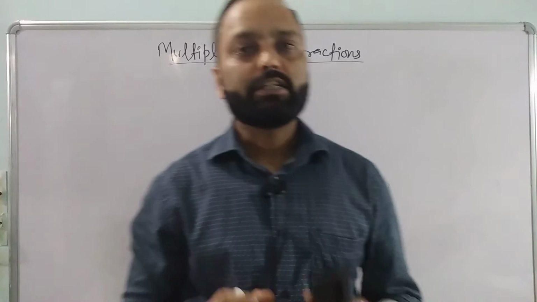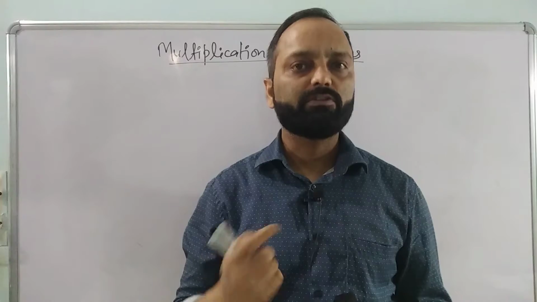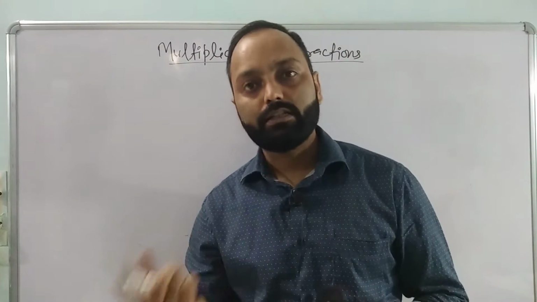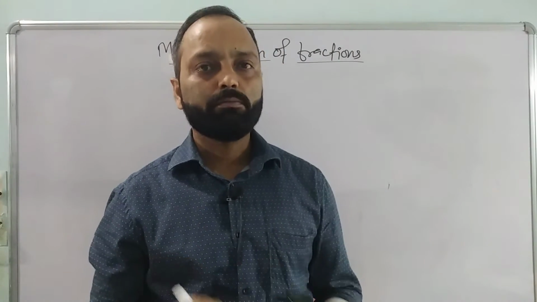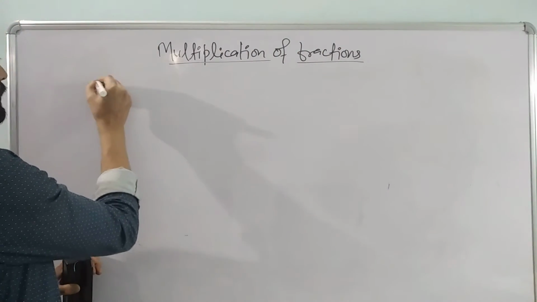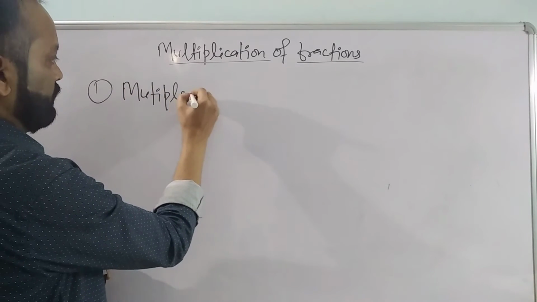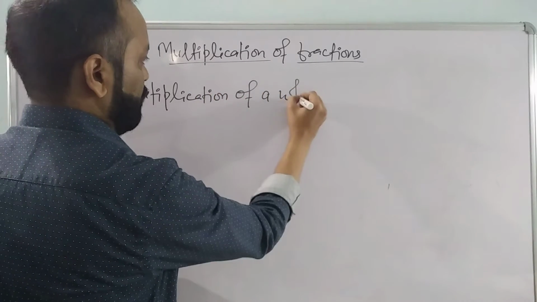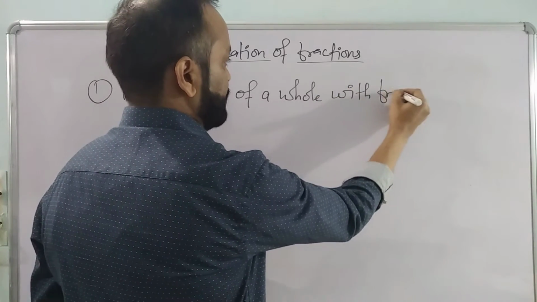Now we will understand the multiplication of fractions, so that will be with a whole number or a fraction multiplication with another fraction. So with another fraction, that can be proper fraction or improper fraction or mixed fraction. So let us understand. So the first case is multiplication of a whole with a fraction.